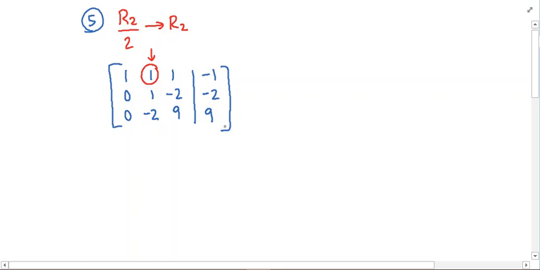We need to change this element to a 0. If you're trying to zero out, you want to use the third row operation. You're going to replace the first row by adding to it a multiple of another row. Since we are working in the second column, we're going to multiply the second row by something.